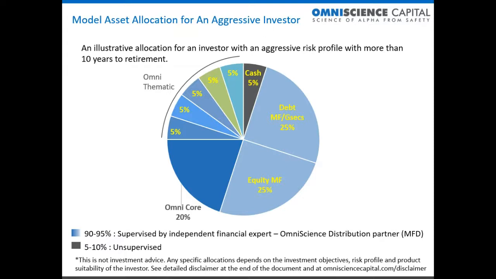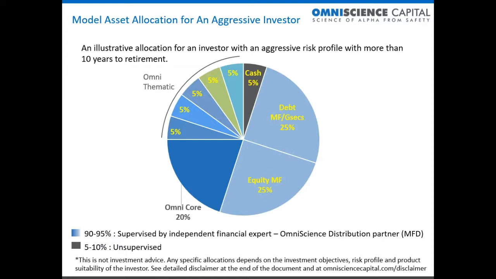So this is how we think their financial assets should look. Again, for each client it's different based on their investment objectives, risk profile, investment horizons, liquidity requirements, but we think this is how it can look.